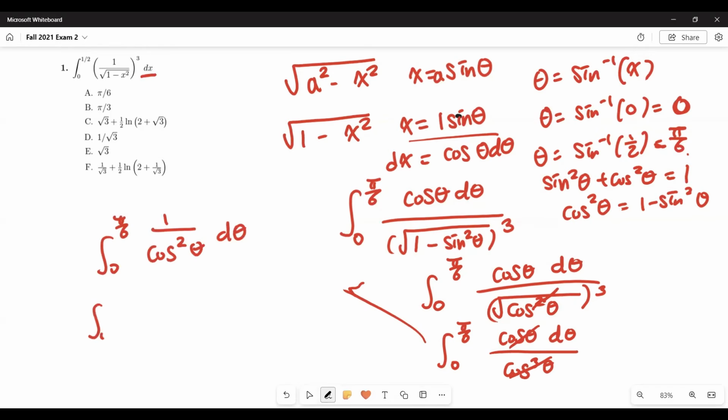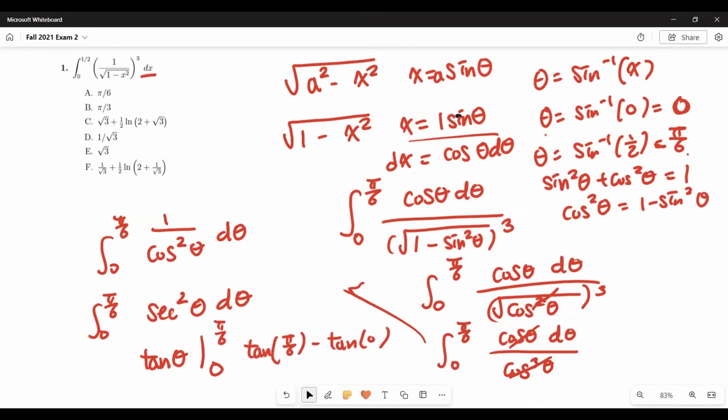And this is the same as secant squared theta d theta, and we know that tangent theta is the integral of secant squared theta. So tangent theta from 0 to pi over 6: tangent pi over 6 minus tangent 0. Tangent pi over 6 is 1 over square root of 3, and tangent 0 is just 0. So this just becomes 1 over square root of 3, which is D.